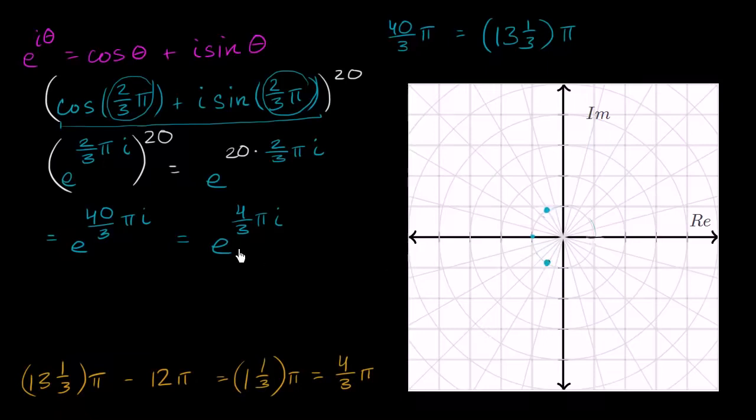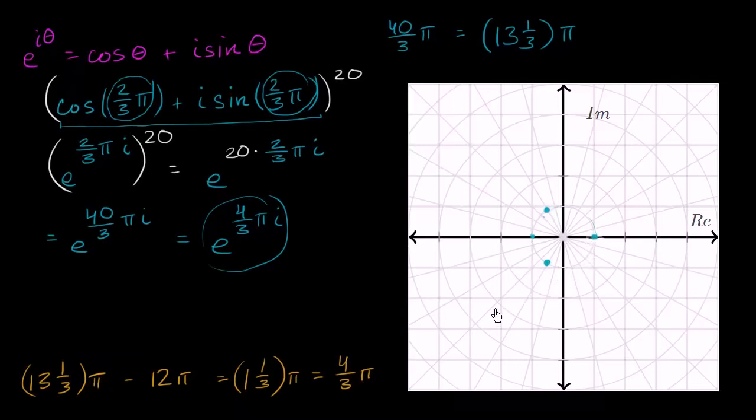So this number, the 20th power, which is equivalent to this, is plotted right over there. Now, what if we wanted to take it to the 21st power? Then we would increase the angle by another 2 pi over 3, or 8 pi over 12. So we would increase the angle by 1, 2, 3, 4, 5, 6, 7, 8.